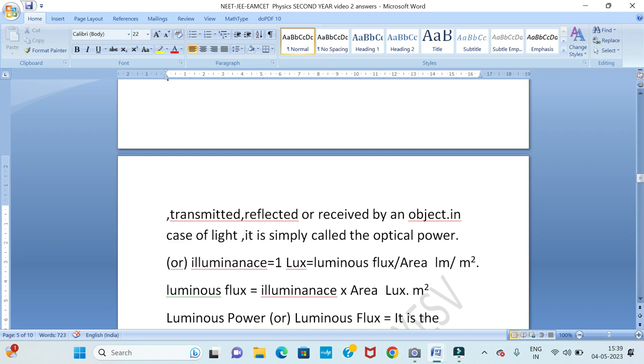In case of light, it is simply called the optical power.